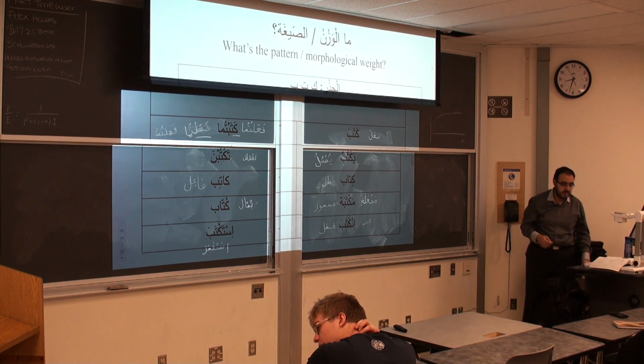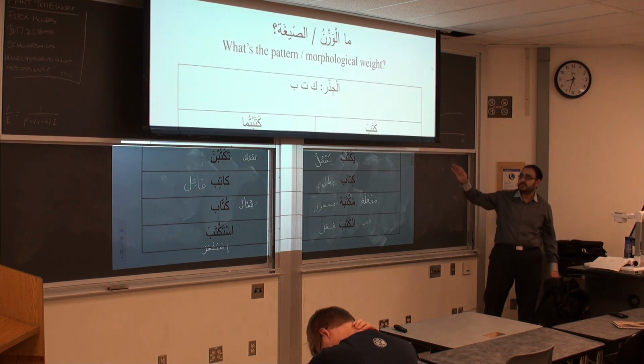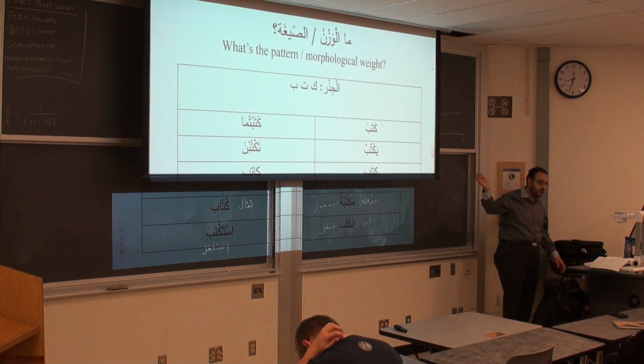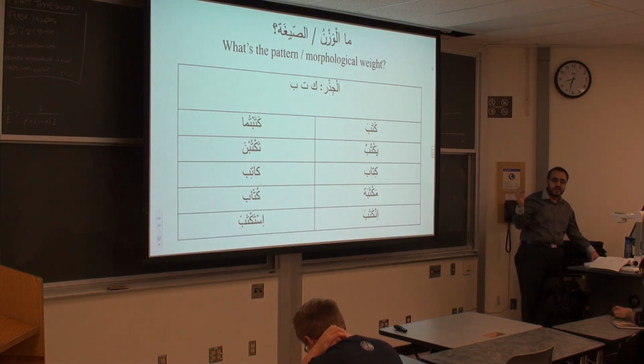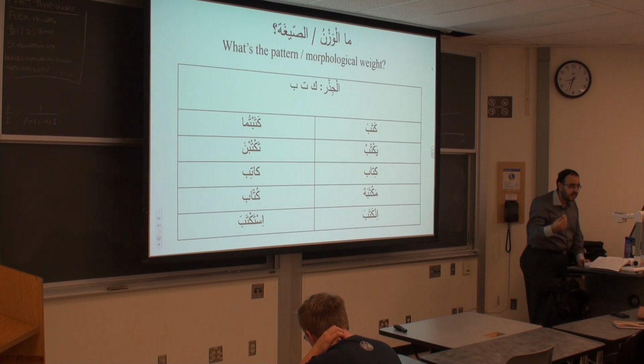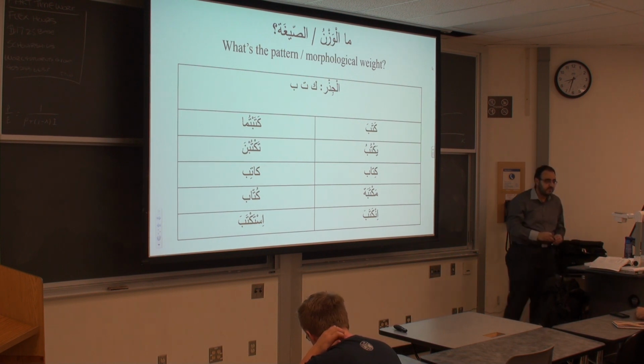In this case, when you replace the root with the fa, ayn, lam, you're actually just getting out the morphological weight of the word. So you're not doing anything other than that.